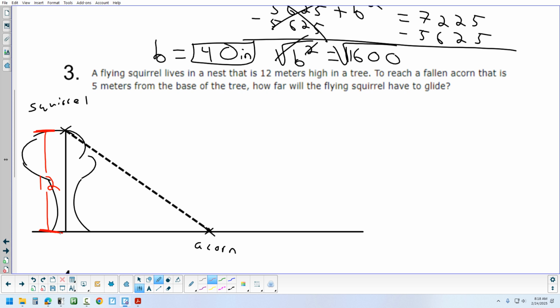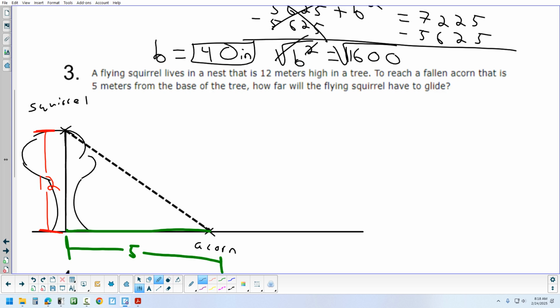So that's 12. And we know how far away the acorn is from the bottom of the tree. How far away does it say that the acorn rolled from the tree? 5 meters. 5 meters. So that's 5 meters from here to here. So there's our triangle right there.